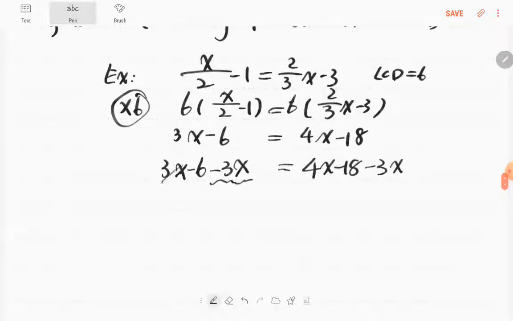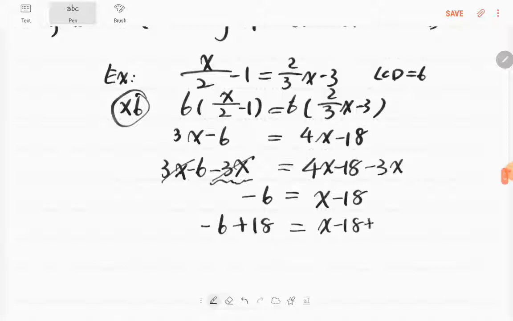Okay. After that, we will have negative 6x minus 18. After that, we plus 18 for both sides. Then we will get x equals 12.